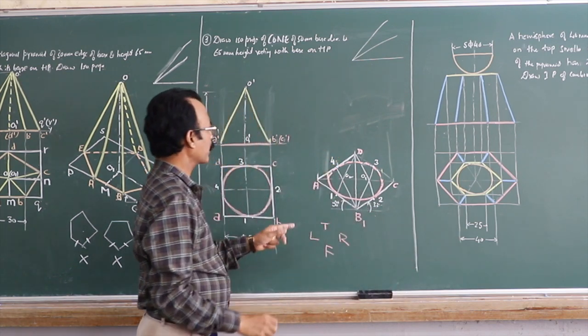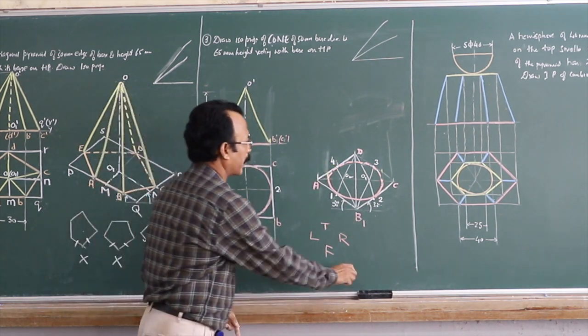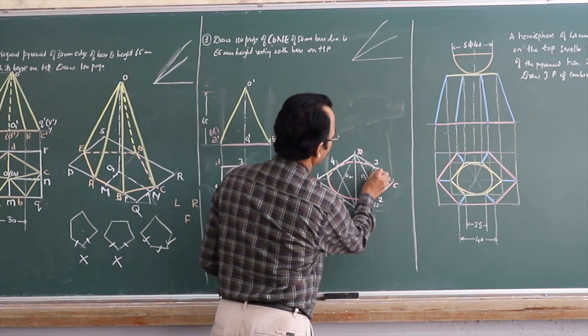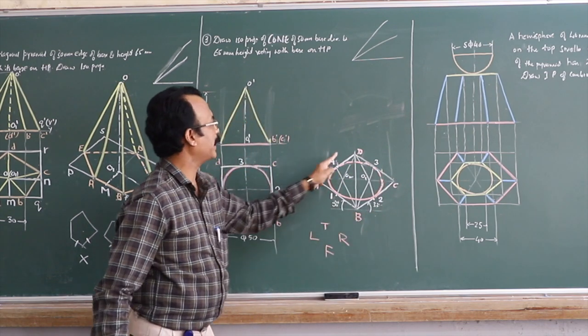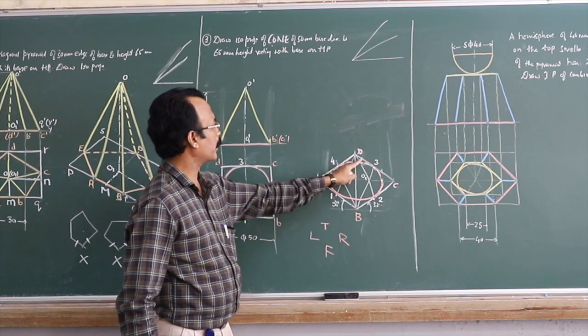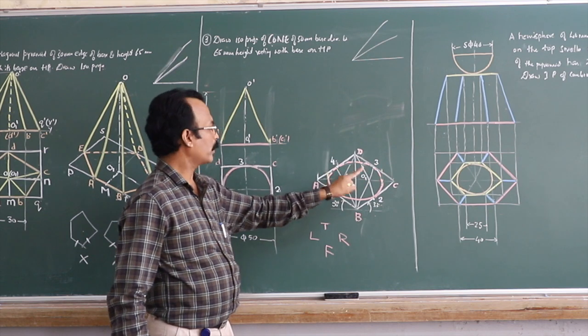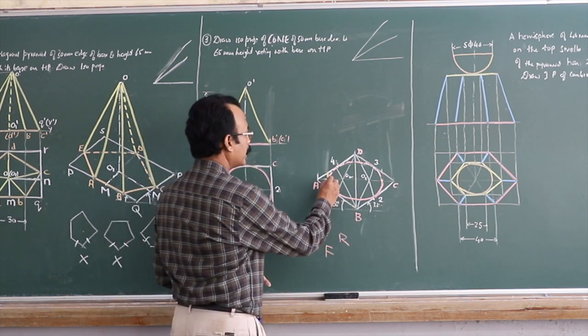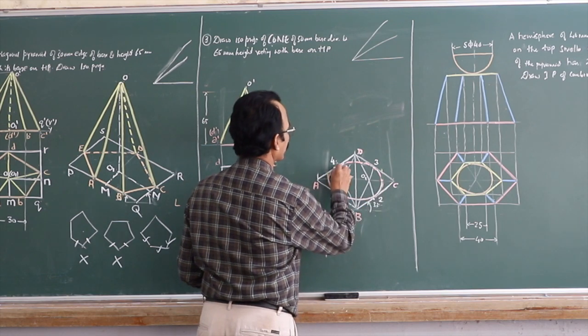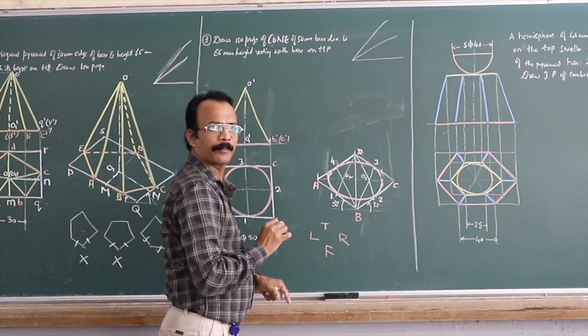So I'll repeat it. Starting from this point B, you will complete this square ABCD, mark its midpoints 1, 2, 3, 4, then you can draw this ellipse. Now the only care you have to take here is that you draw the ellipse with light lines first. The entire thing is light there, right?